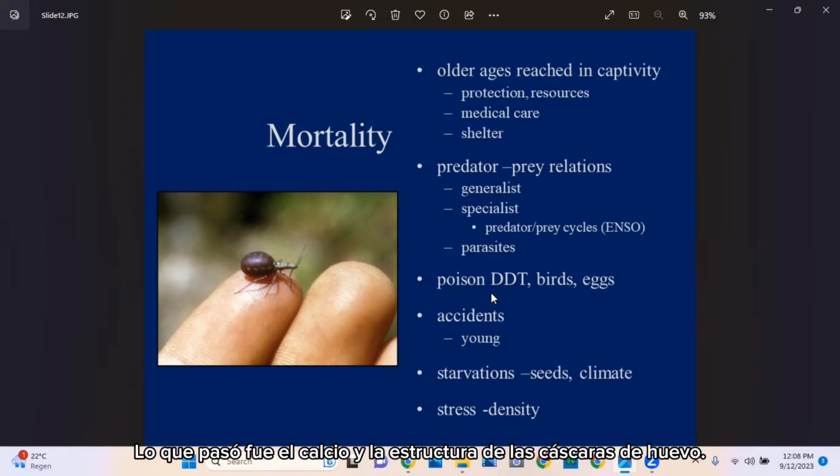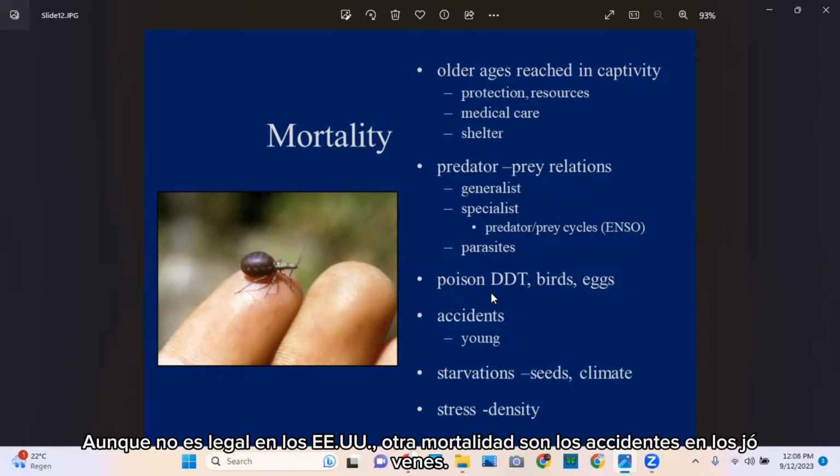The calcium and the structure of the eggshells were affected, so when the birds went to sit on the eggs to incubate them, they would just crack. So we saw a huge decline in birds of prey. Some of those populations are just now coming back up. Unfortunately, DDT, or some form of it, is still manufactured and sold in Chile, although it's not legal in the US.